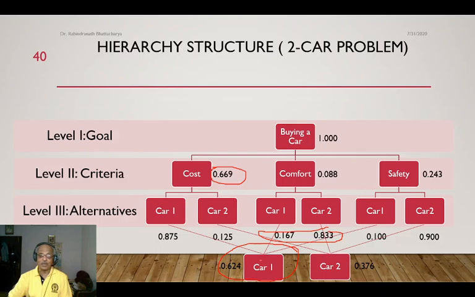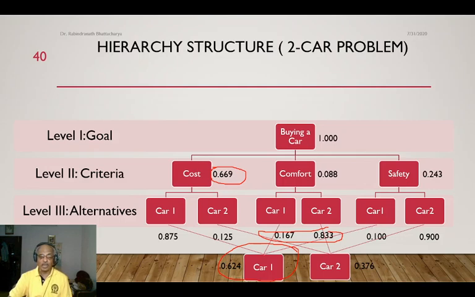And then ultimately you get the preference or ranking of the cars by multiplying this by this, plus this into this, and plus this into this, and you get these numbers.